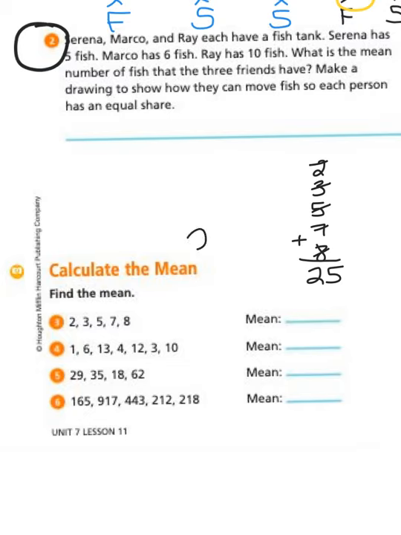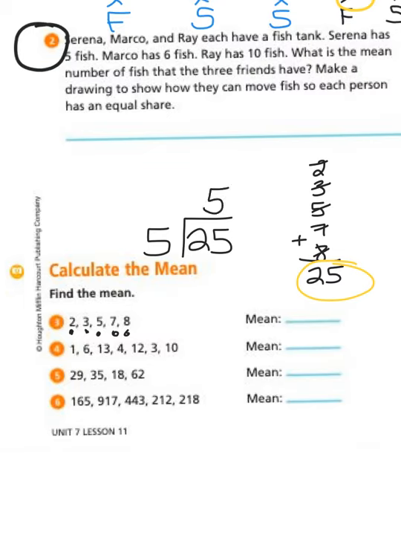And then I'm going to write that here, and then I have to figure out what I'm going to divide that by. So I go back to my original set of numbers and I say I've got 1, 2, 3, 4, 5 numbers here. So I'm going to take that total of 25 and divide that by 5. Well, I know from my math facts that 5 goes into 25 5 times.